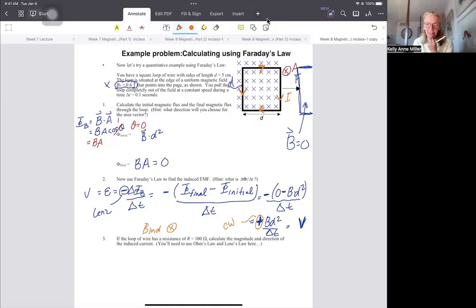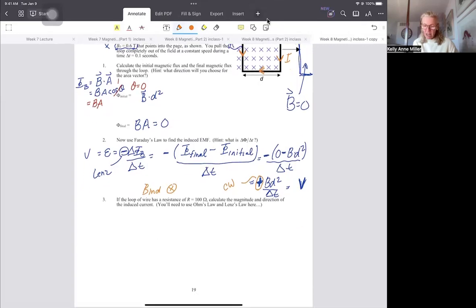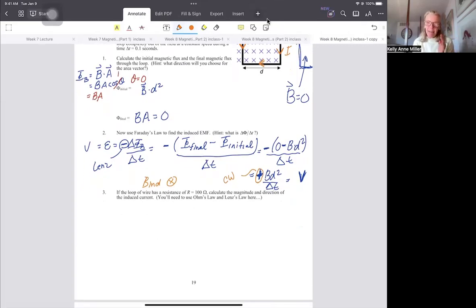You can do it either way. It worked out the same in both cases, but I like to use the logic of what's happening to the flux. Based on the flux, which direction does the induced B field go? Based on that, which direction does the current go? Instead of relying on the sign that I get from the math. Anyway, that's just a piece of advice.